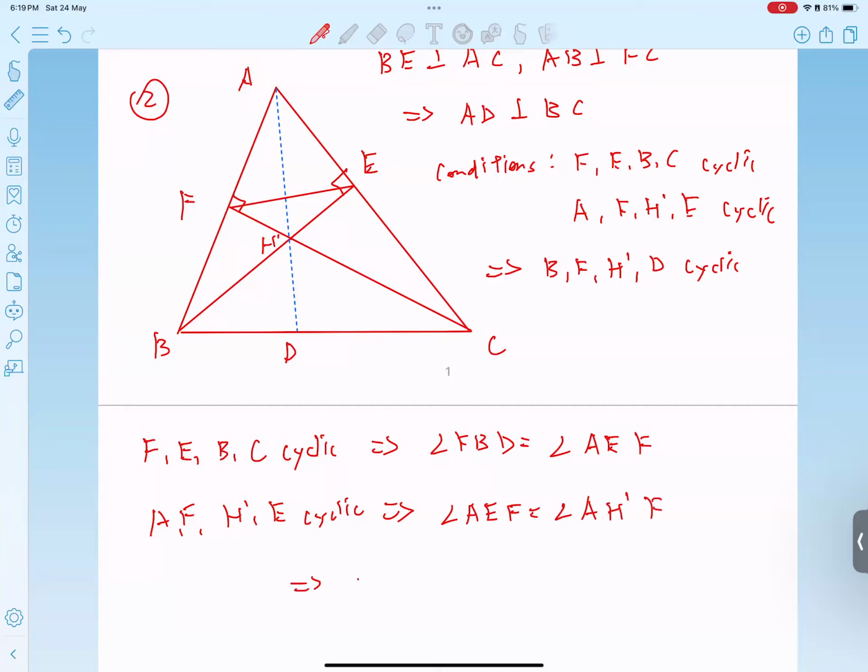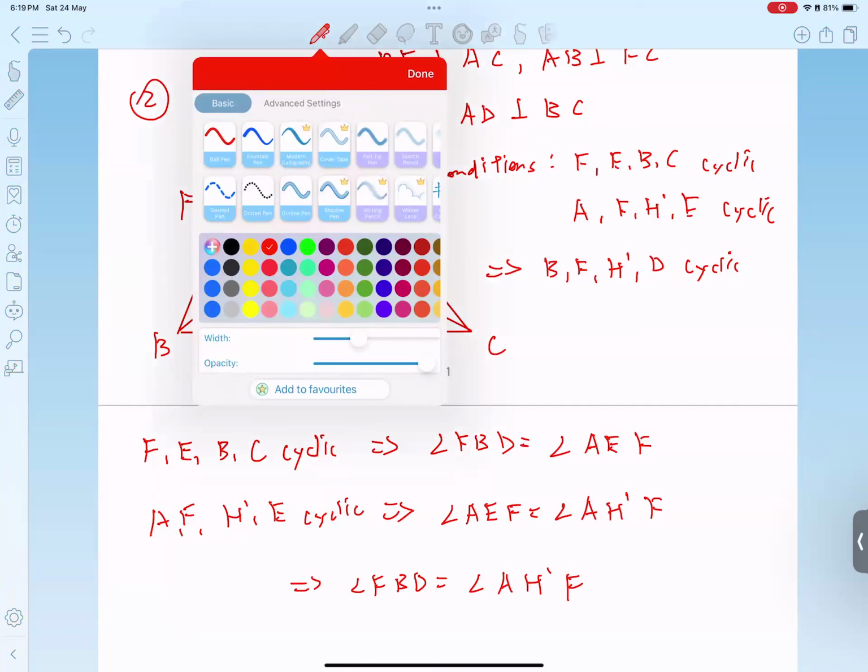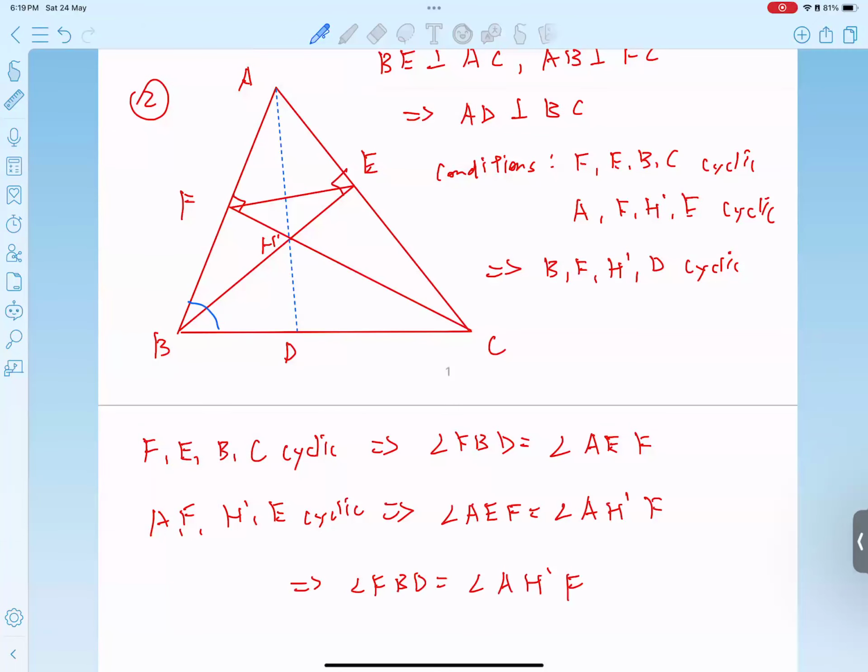So we have angle FBD equals angle AH'F. So in essence, this angle is equal to this angle equals to this angle.